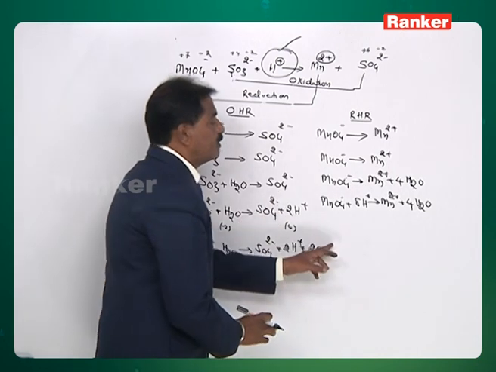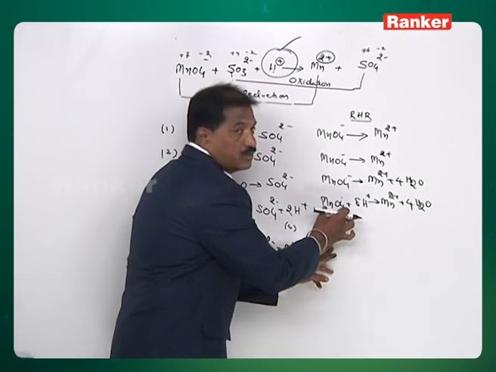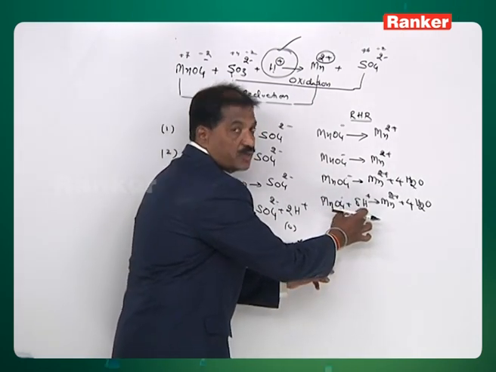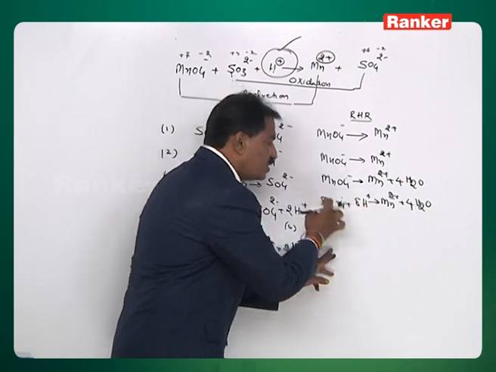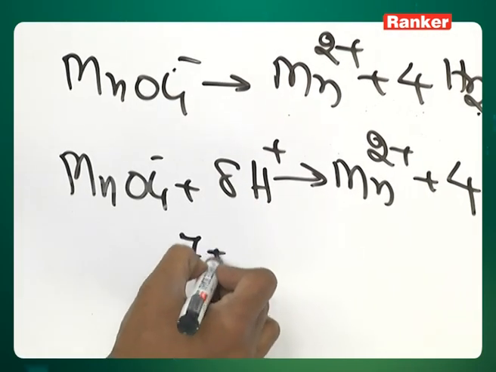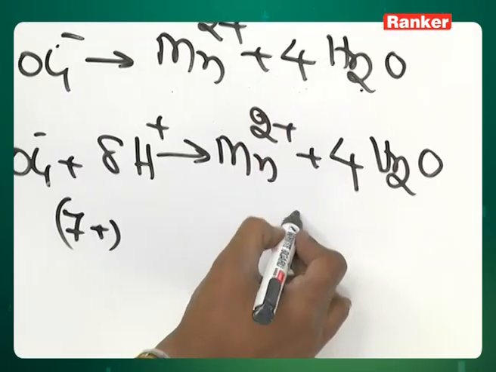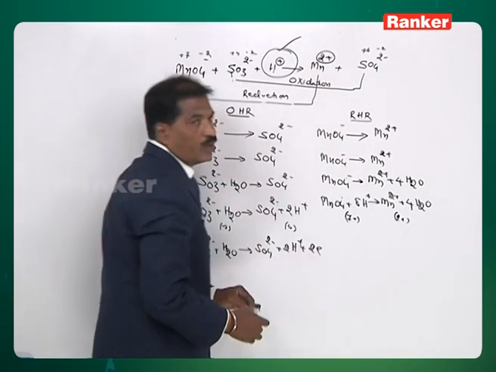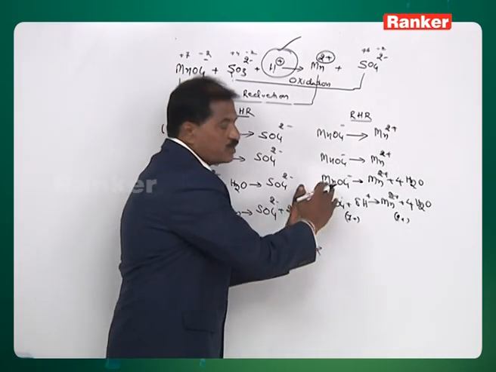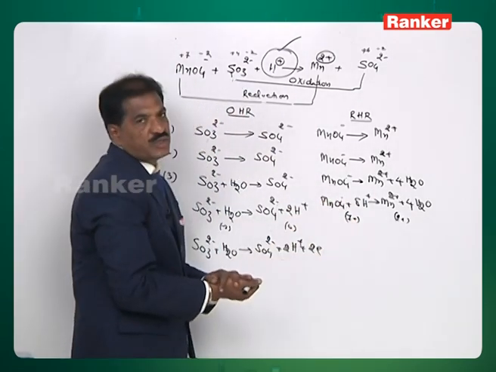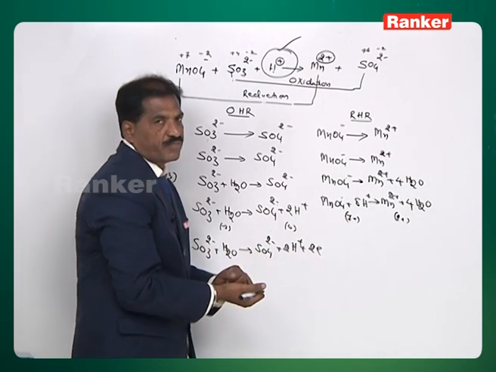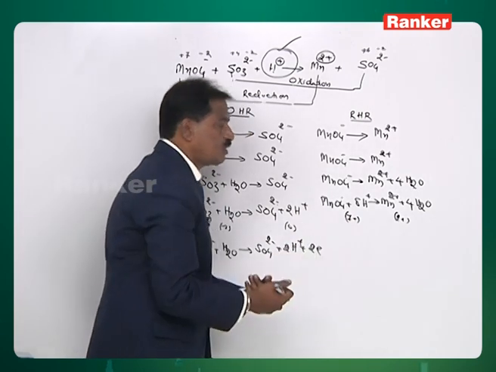Next, similarly here 1 unit negative charge, here 8 units of positive charge. Therefore, net charge here is 7 units of positive charge. Here 2 units of positive charge. Now they are different. Therefore, those two positive charges have to be balanced.